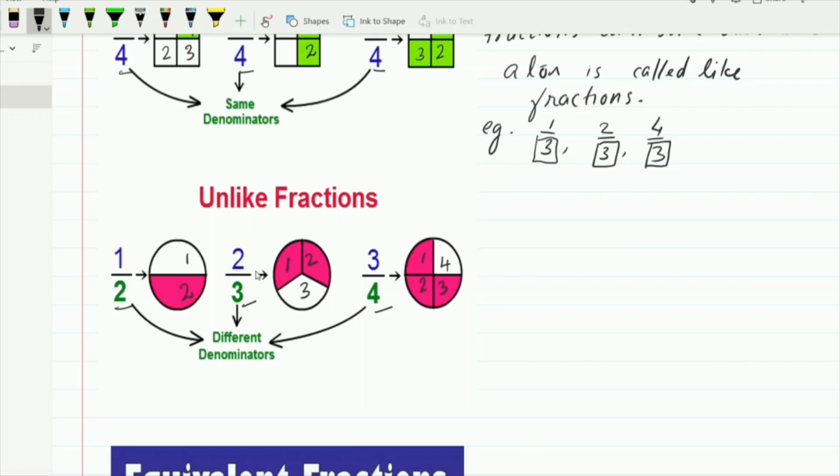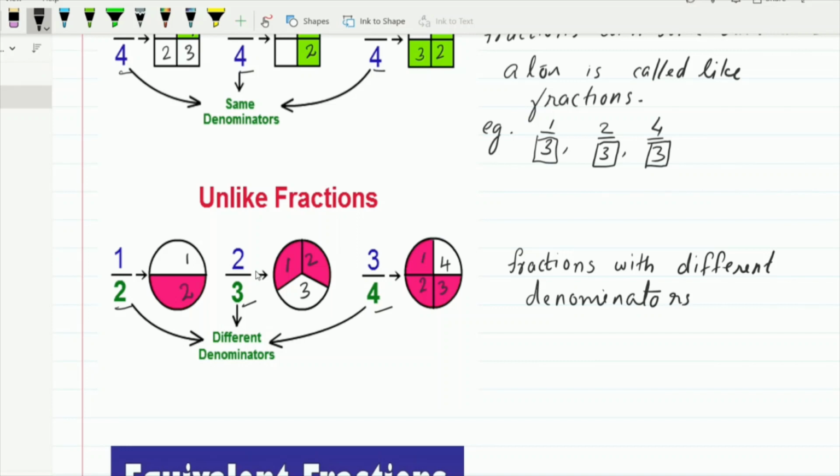So the definition is: fractions with different denominators are called unlike fractions.